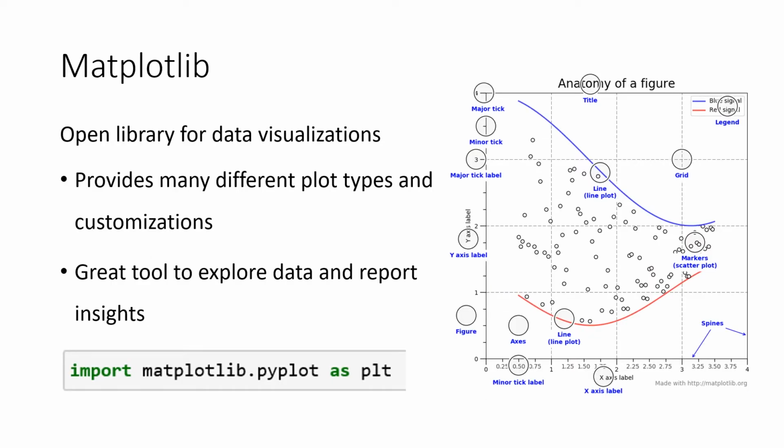So overall, Matplotlib is an open library for data visualizations. It provides many different plot types and customizations, and overall it's a very great tool to explore data and also to report your insight or conclusion. And again, because it is an open library, we can easily import it by using import matplotlib.pyplot, and then we give it our name as plt.